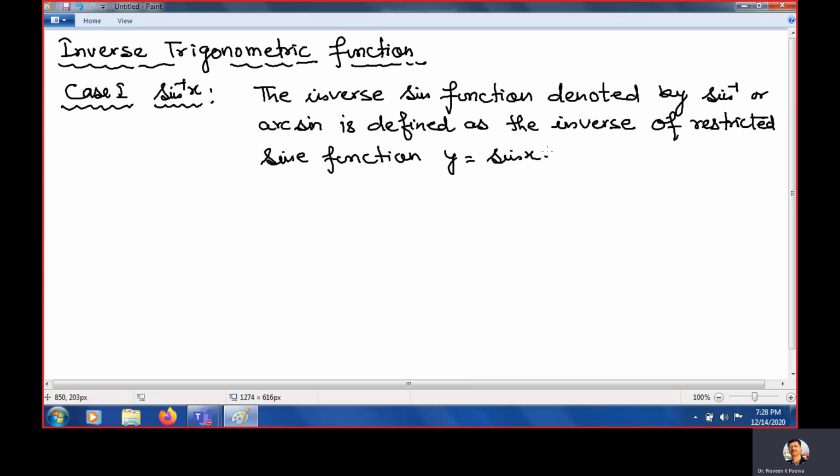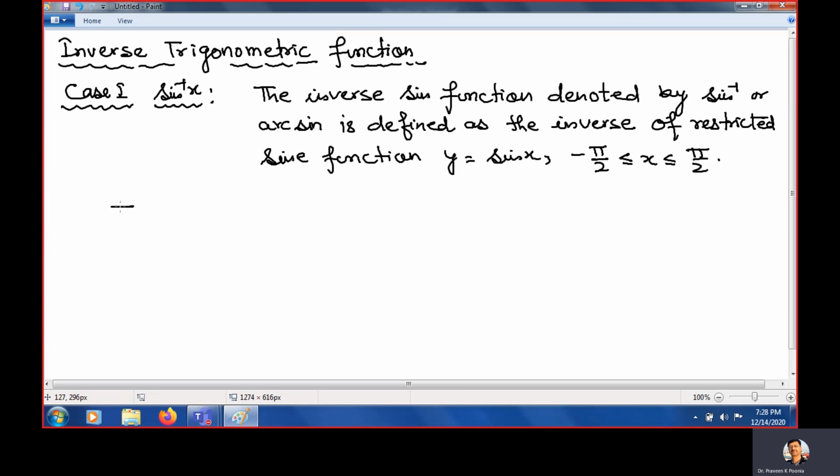Clear? Here there is some condition on x: minus pi upon 2 is less than equal to x less than equal to pi upon 2. This is the condition for x.